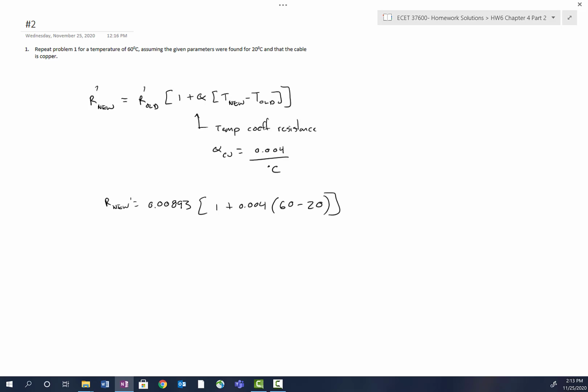So you do that multiplication, you should get a new R prime equal to 0.010359 ohms per kilometer. Hopefully that's larger since the temperature went up. So looks about right. So that's all that changed from problem 1 to problem 2.